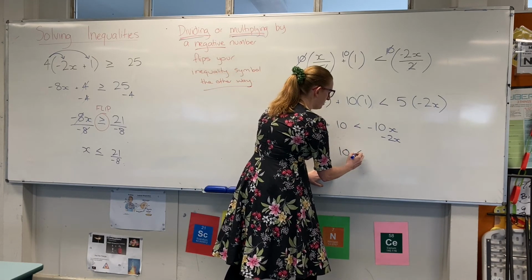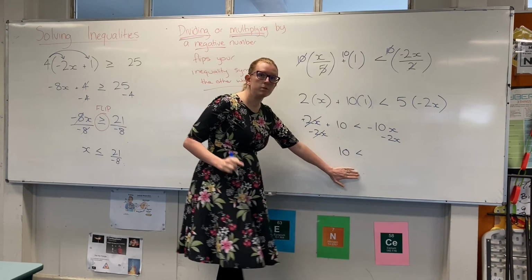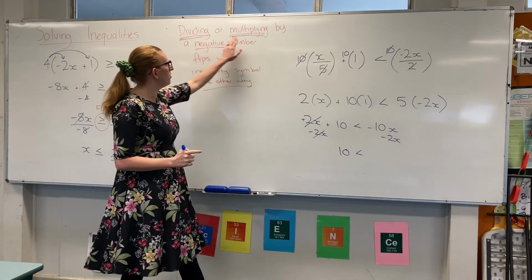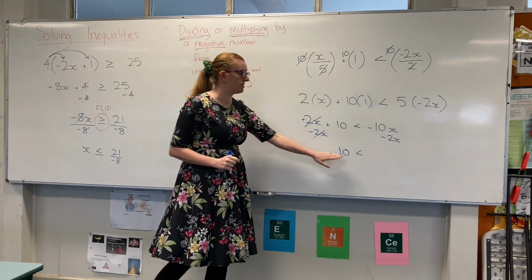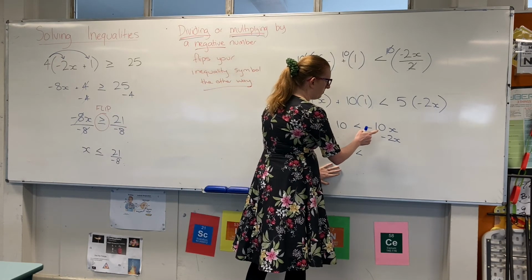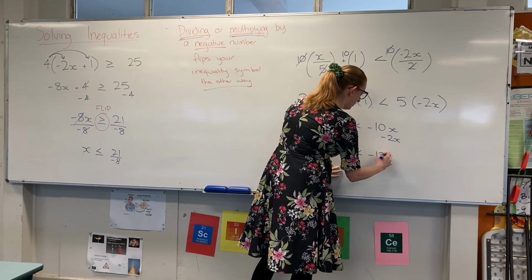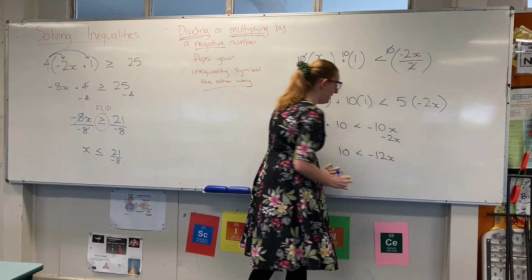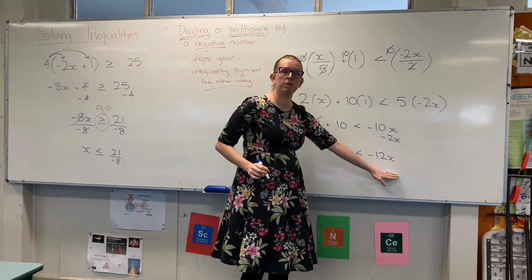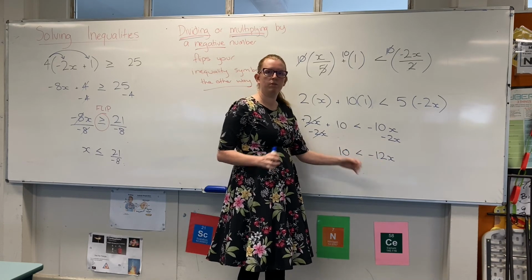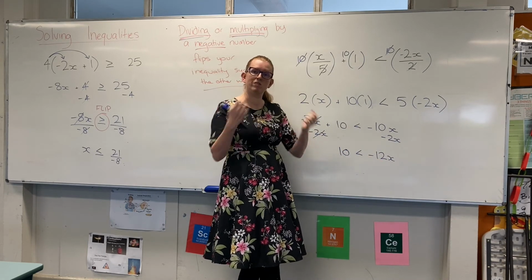Then I've got my symbol. It hasn't flipped because I didn't divide or multiply, okay? I just minused. So I've got negative 10 minus 2 gives me negative 12x. Now I need to split my negative 12 and my x up because they're married together. I need to divide them.